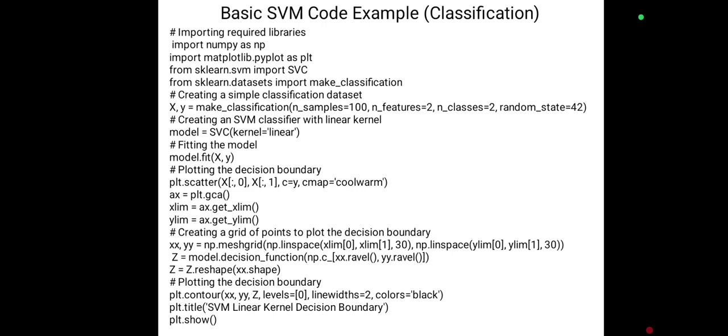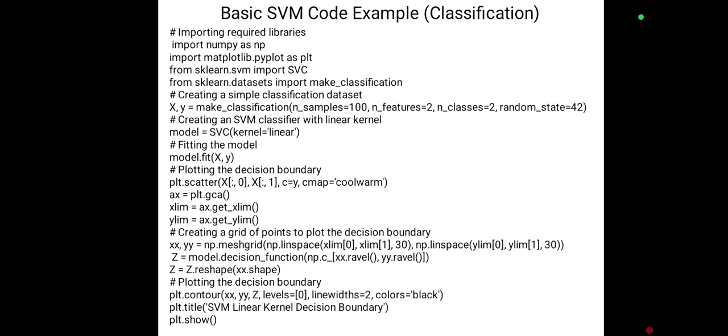Then we are importing the make_classification function, which will help us generate some synthetic data for implementation of SVC. As we can see here, X and Y are generated using the synthetic data generator make_classification. 100 data points will be generated with two features and two classes.